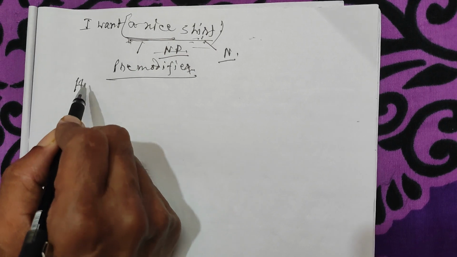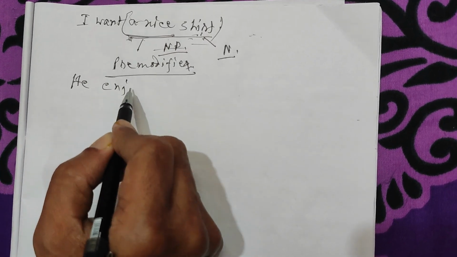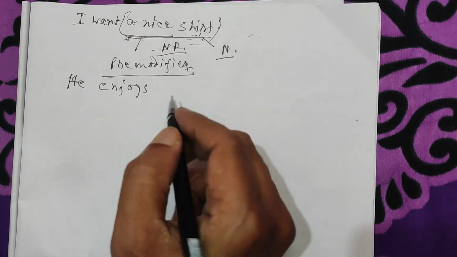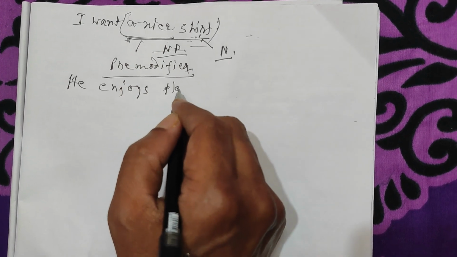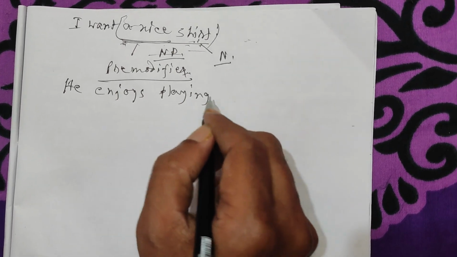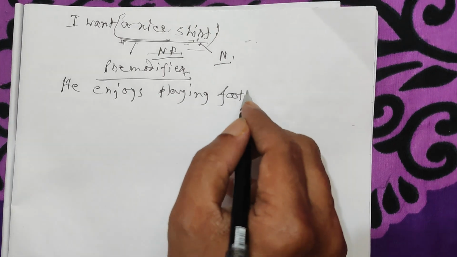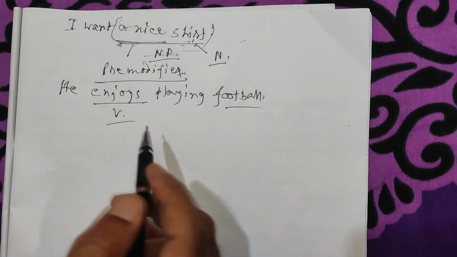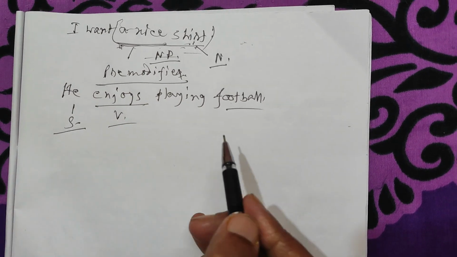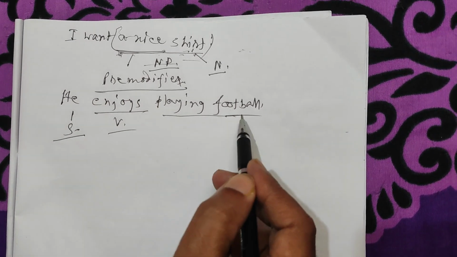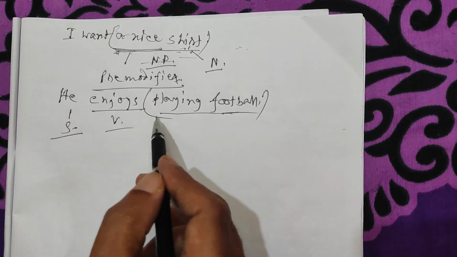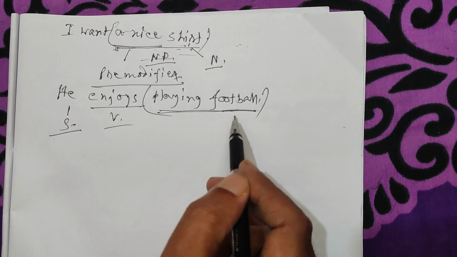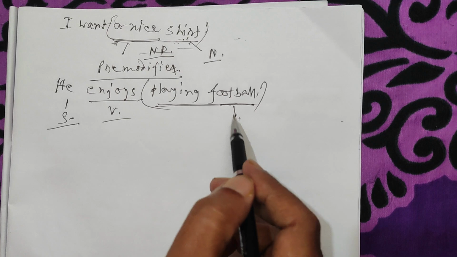He enjoys playing football. What does he enjoy? He is the subject, as you know, and enjoys is the verb. What does he enjoy? Playing football. What part of speech is football?